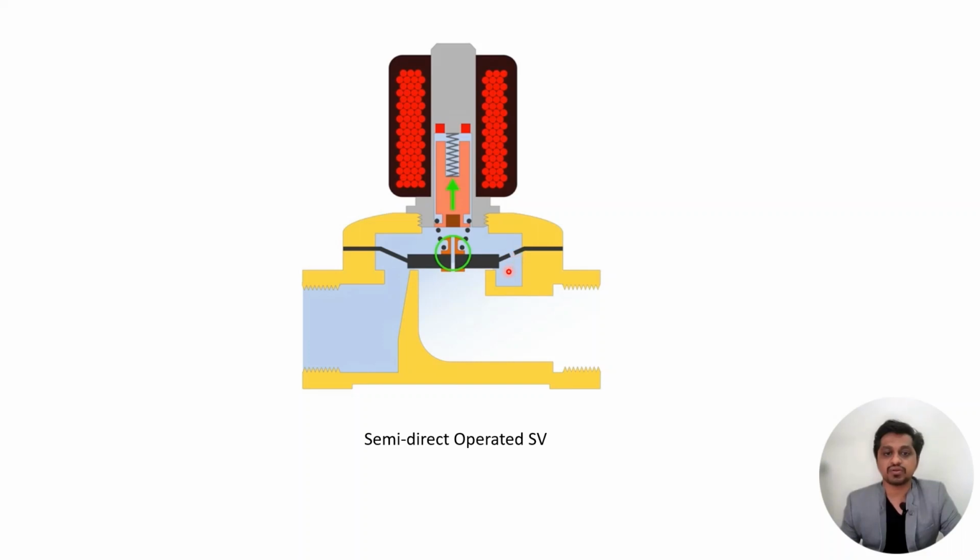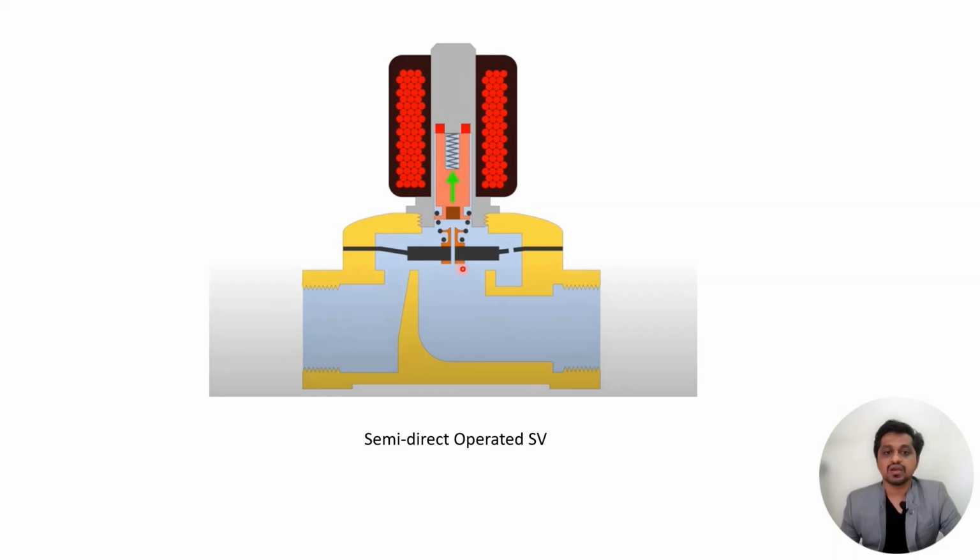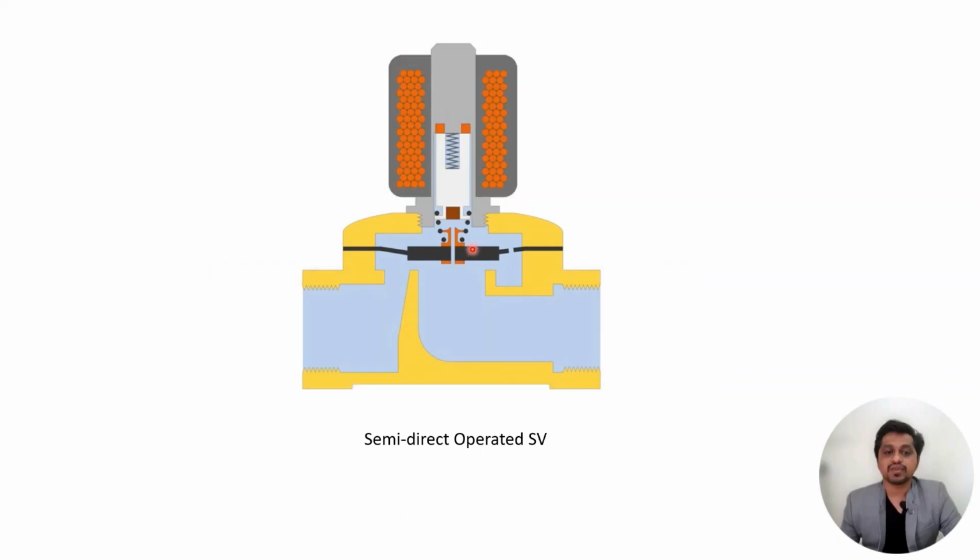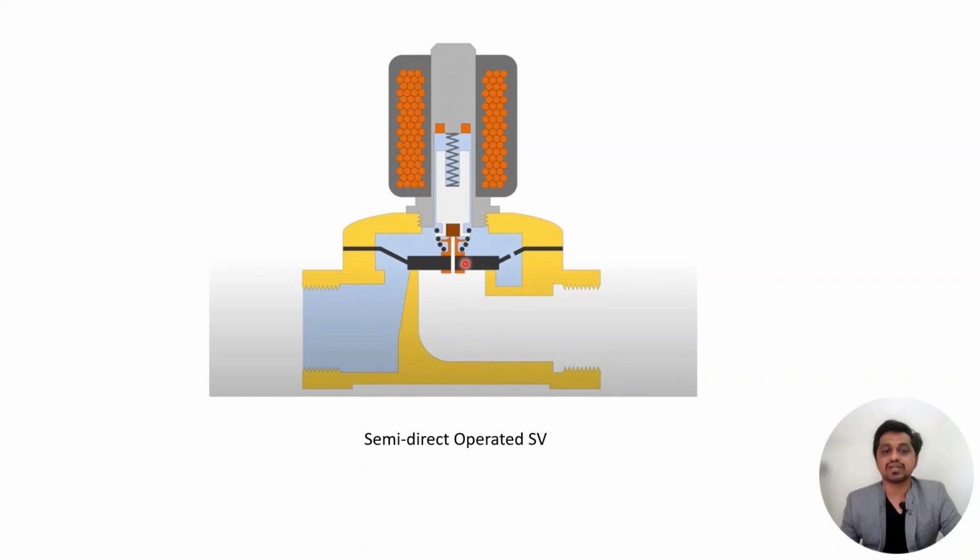Now the pressure on the bottom side is higher as compared to the top side, which lifts the valve. So here we can see that the valve is getting lifted because of some pressure difference, but it is not only because of the pressure differential, we can see that the diaphragm is connected to the spool body, right?